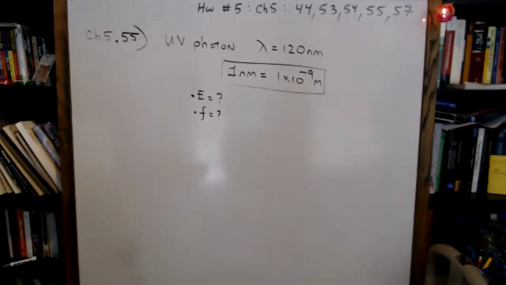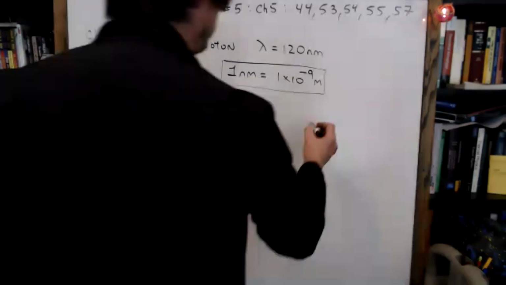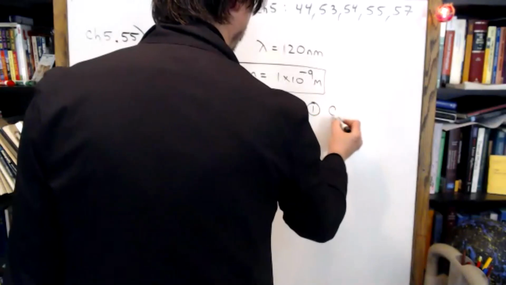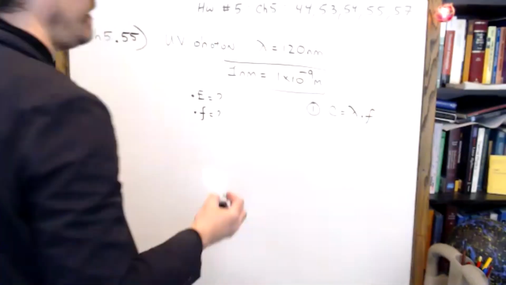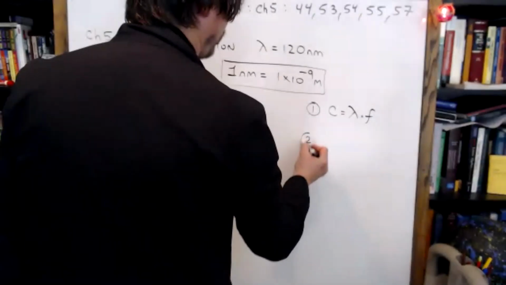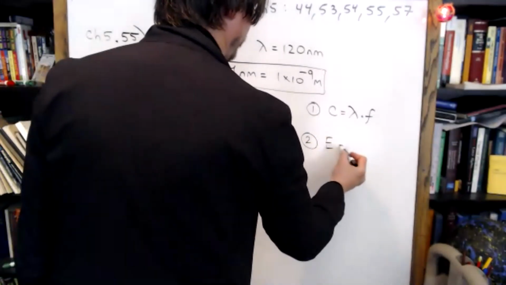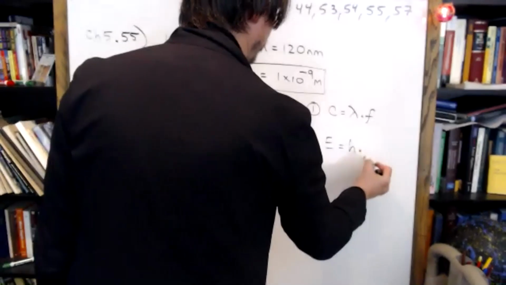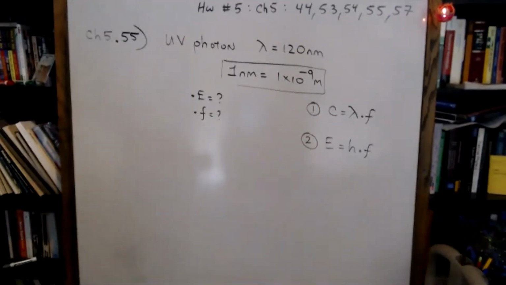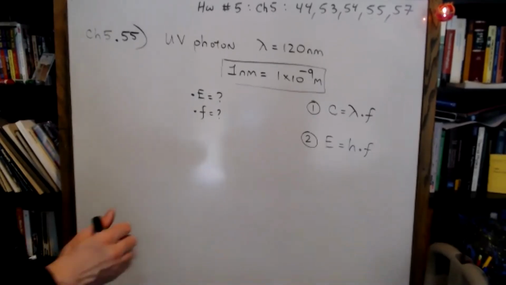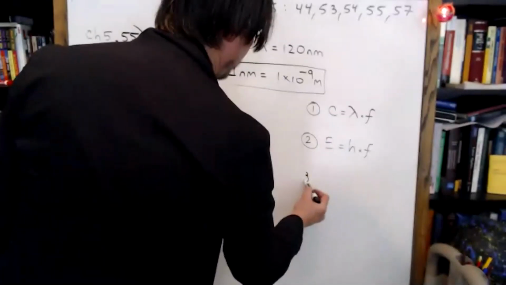We're going to need the two equations from last time. The speed of light is wavelength times the frequency. The second formula is the energy is Planck's constant times the frequency. There's also a third formula that can come in handy sometimes.